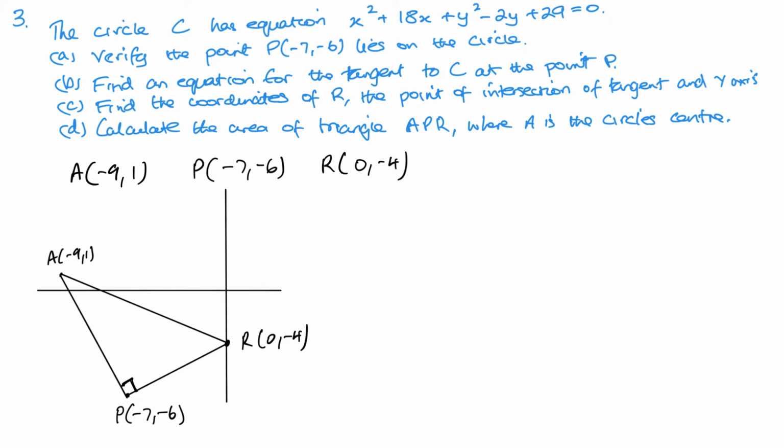So we want to find the distance PR, and we want to find the distance AP. Now the distance AP is the radius of the circle, which is the square root of 53. And all I've got left to do here is find the distance PR.